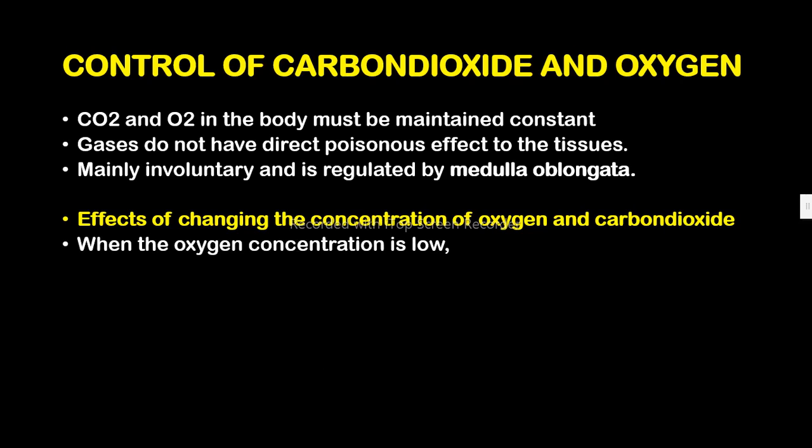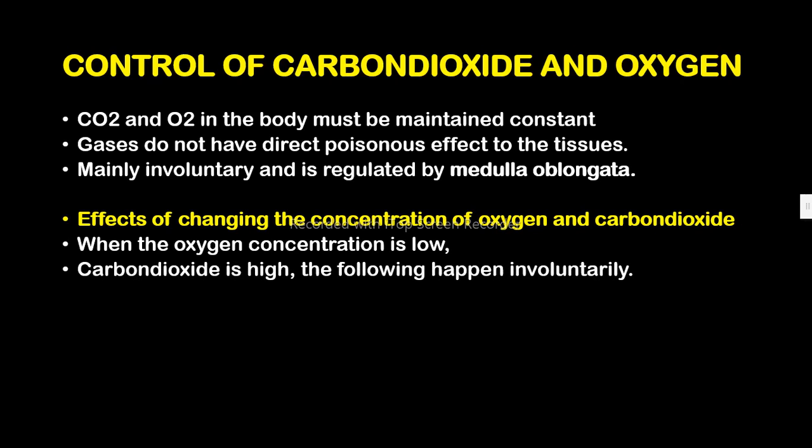There is an effect. They are not that harmful, but when they are in excess, they can have an impact. In low concentration of oxygen, the body must find ways of obtaining that oxygen. And if the oxygen is low, then carbon dioxide must be high, because you use oxygen and you produce carbon dioxide.